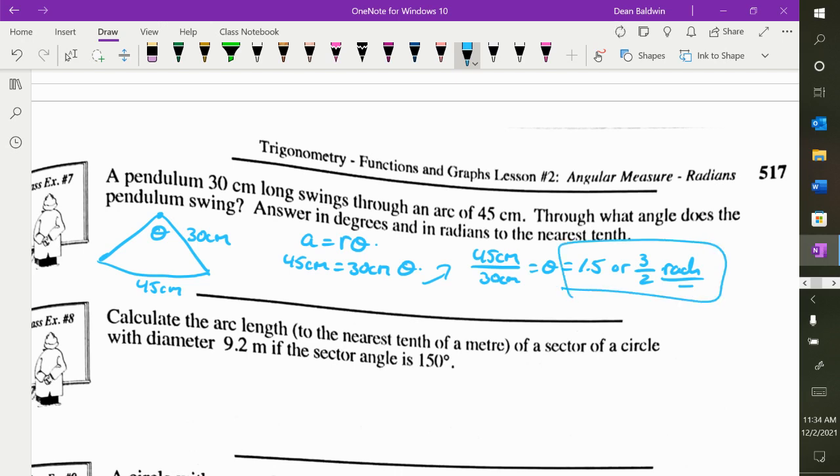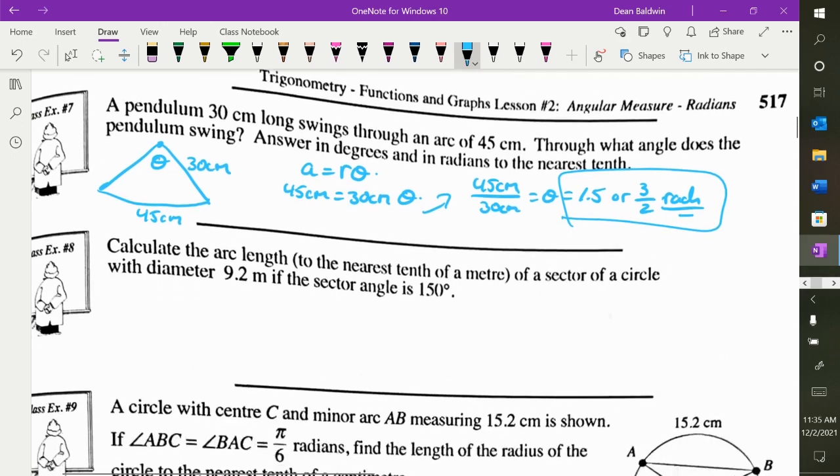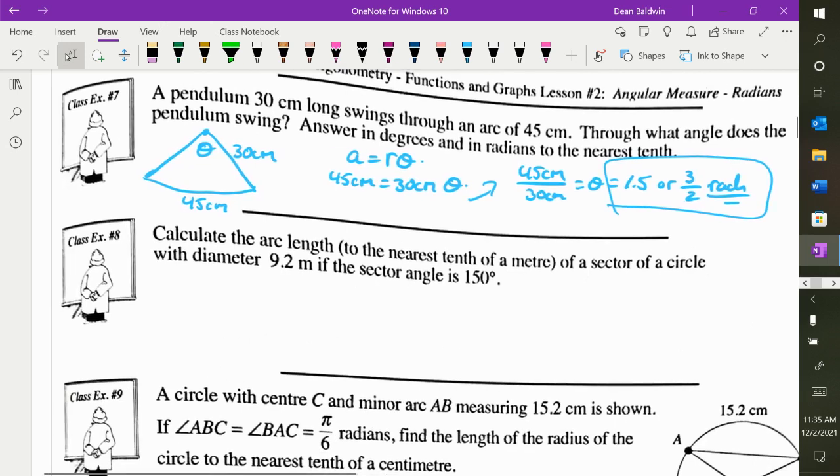All right. Calculate the arc length to the nearest tenth of a meter of a sector of a circle with diameter 9.2 if the sector angle is 150. Okay. Here we go. They're always the same question. Arc length is what we're trying to find. A. They tell us the diameter, but we don't want diameter.